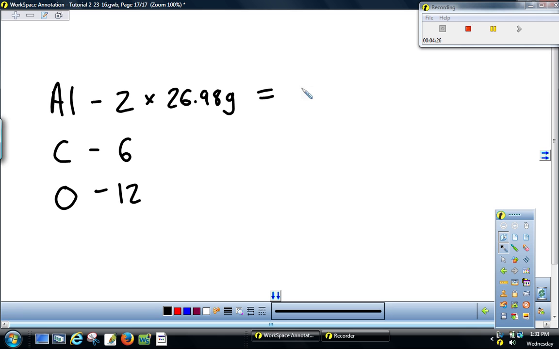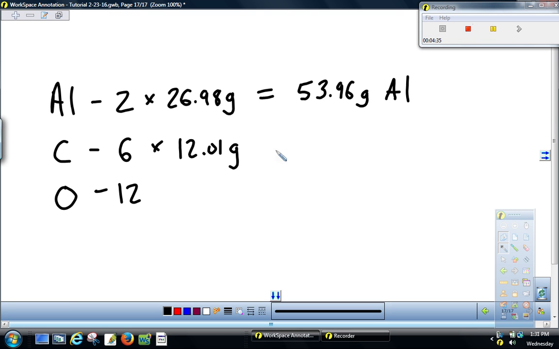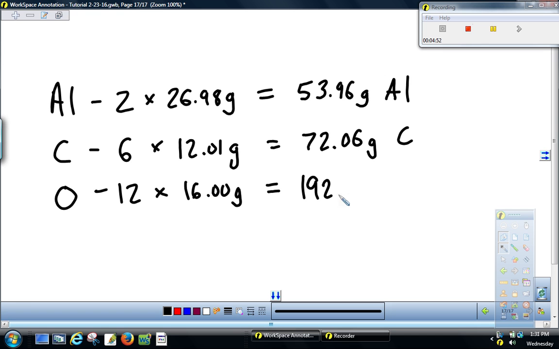is equal to 53.96 grams of aluminum. Carbon, 6 times 12.01 is equal to 72.06 grams of carbon. Oxygen, 12 times 16 grams per mole. Let's see, that's 32, 64, 96, double 96, so we have 192 grams of oxygen.